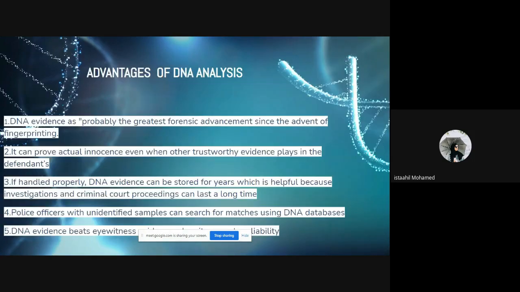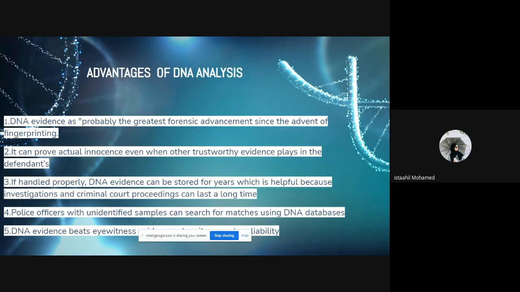So what's the advantage of DNA analysis? First of all, DNA evidence has been a ubiquitous forensic tool since the advent of fingerprinting. It can also be proof of innocence even when other evidence points the other way. If handled properly, DNA evidence can be stored for years, which is helpful because investigations and criminal court proceedings can last a long time.